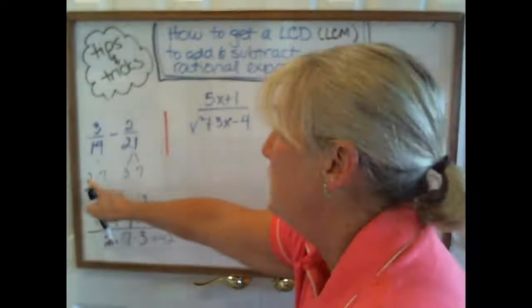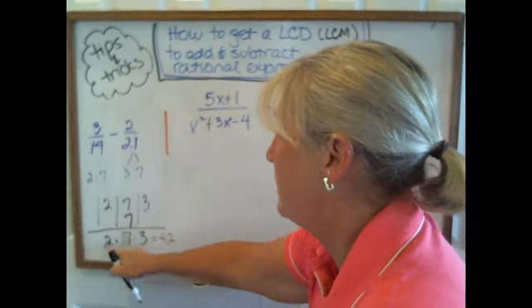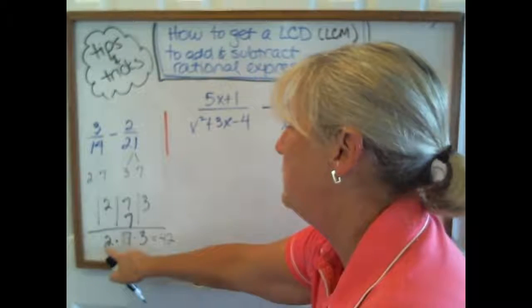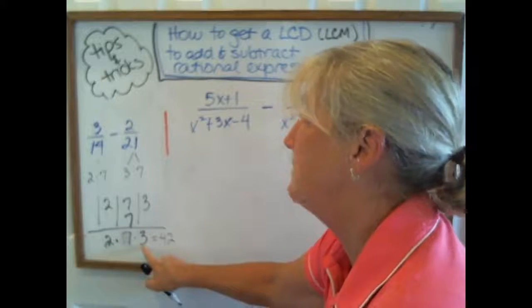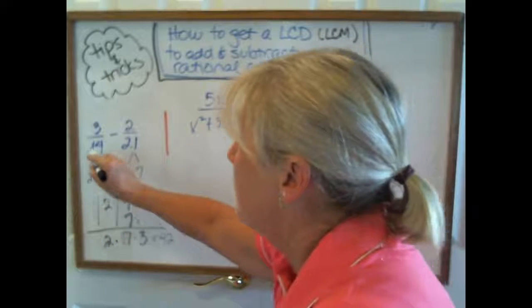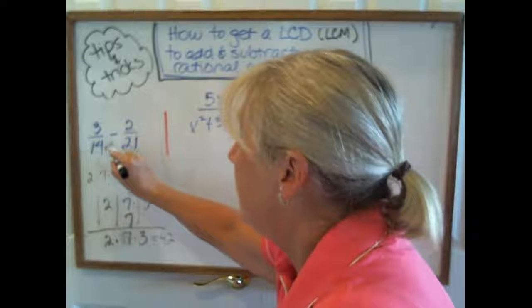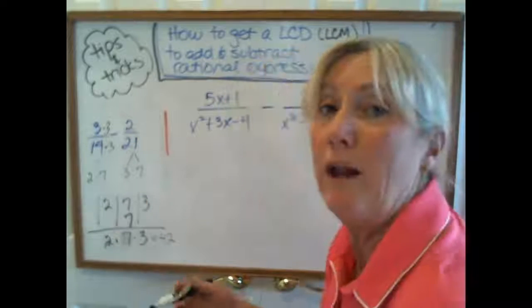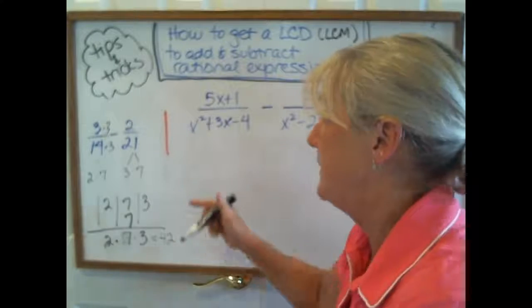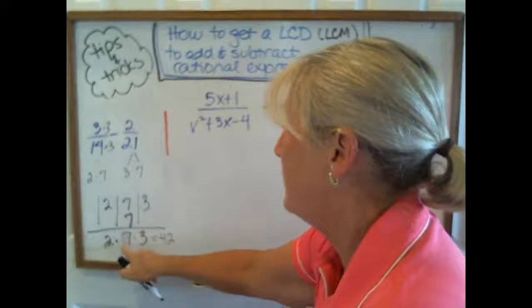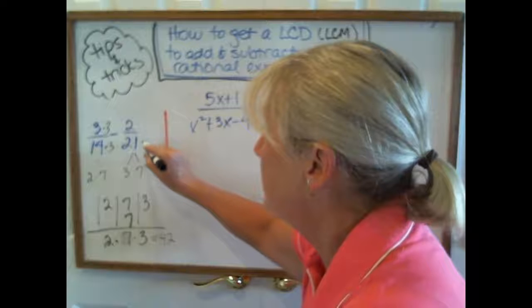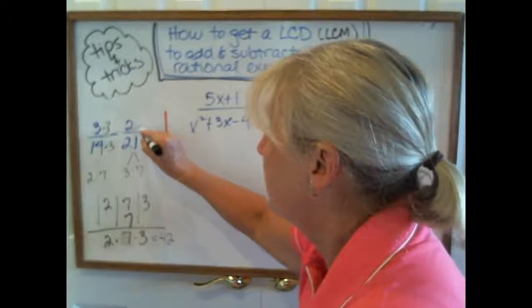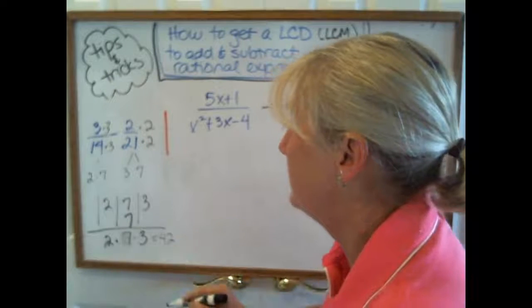Since 14 was 2 times 7, we need to make it 42, but this has the 2 and the 7, and it's missing the 3. So I need to multiply the denominator by 3 and the numerator by 3, by whatever the missing factor is. And the 21 has the 3 and the 7, but is missing the 2, so I need to multiply this by 2 and this by 2.